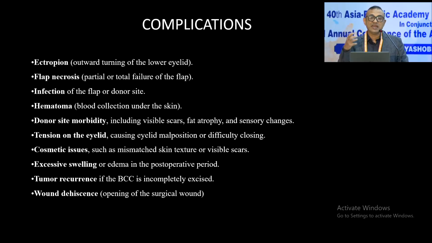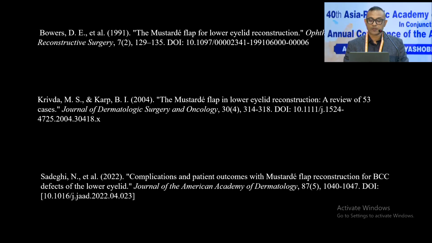There can be late lateral sagging and contraction of the flap, which can lead to ectropion formation, cosmetic issues, epiphora, etc. Now here are some of the studies that have highlighted that the Mustardé cheek rotational flap has got good functional and aesthetic outcomes with low complication rate.